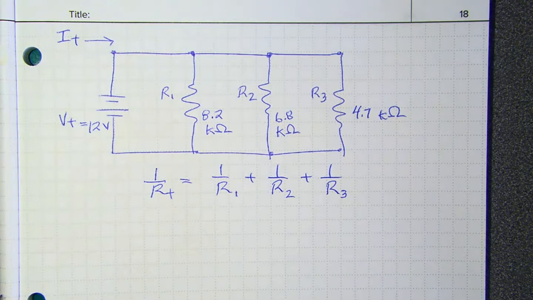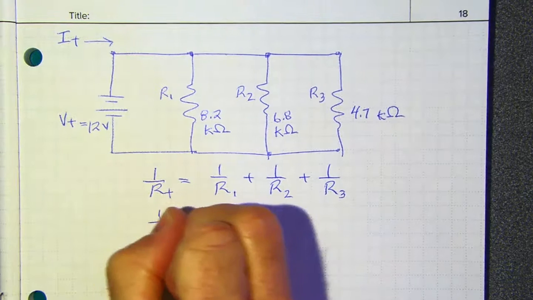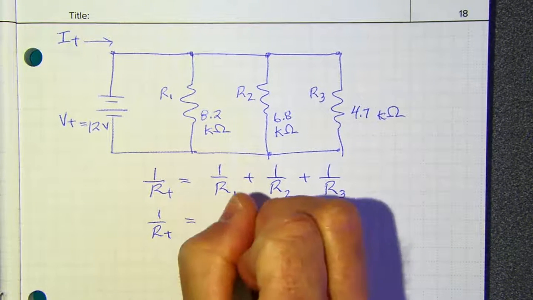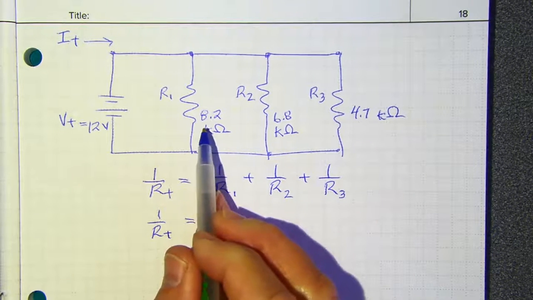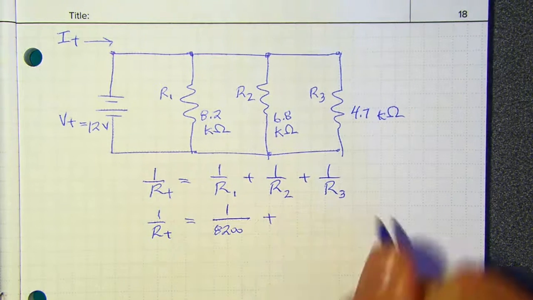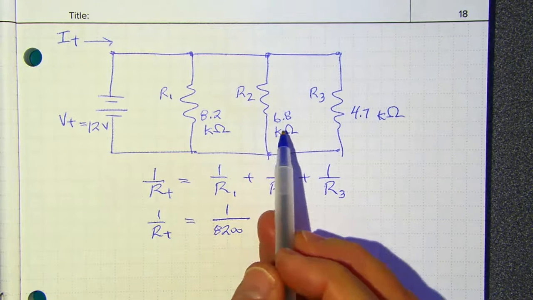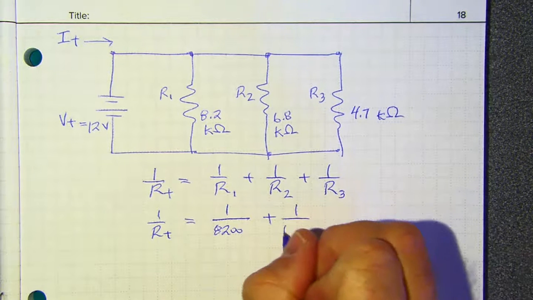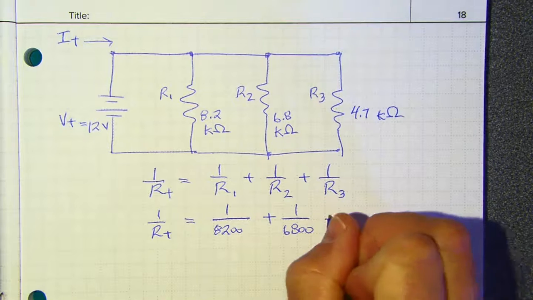And there are all kinds of little tricks to doing this. All I'm going to do right now is just plug in some numbers. 1 over R sub T equals 1 over 8.2 kilo ohms, which is really 8,200 ohms. And then 1 over 6.8 kilo ohms, which is really 6,800 ohms.